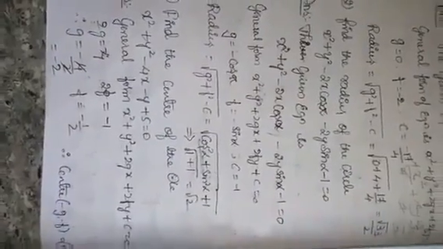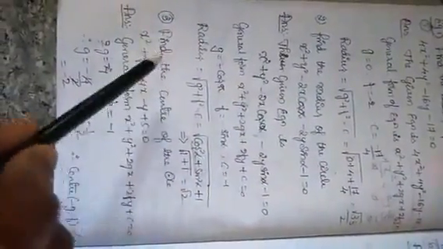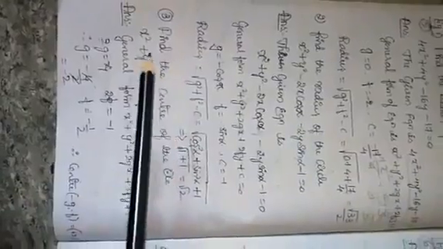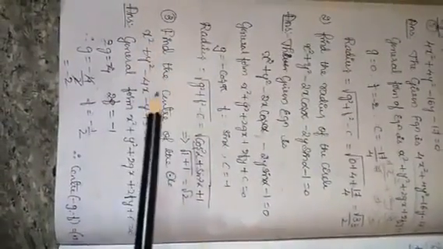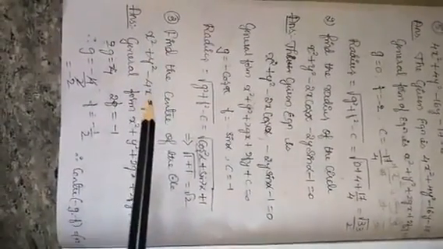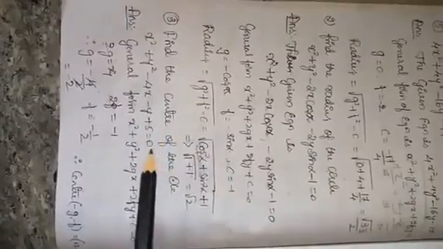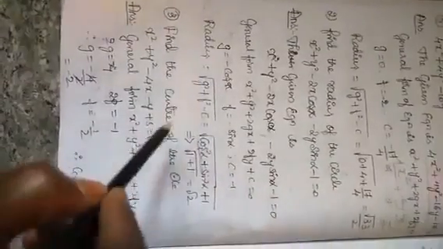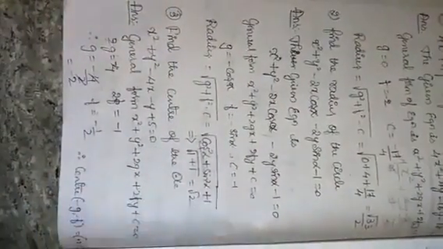Next we shall discuss some more examples. Find the center of the circle x square plus y square minus 4x minus y plus 5 equals 0. Compare the given equation to the general equation.